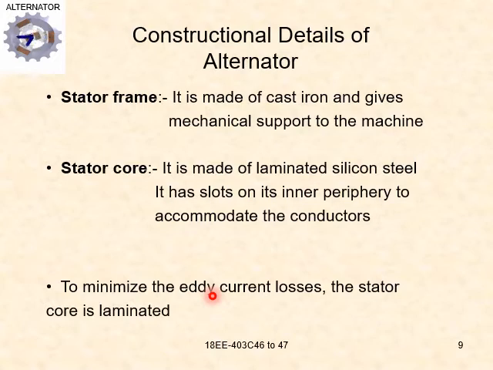So in order to avoid them, we just use thin sheets with the laminations of the core. So that is why the last point here mentioned is to minimize the eddy current losses, the stator core is laminated. That means the stator core is cut into thin sheets and laminated to each other.